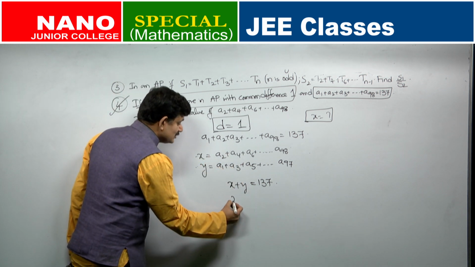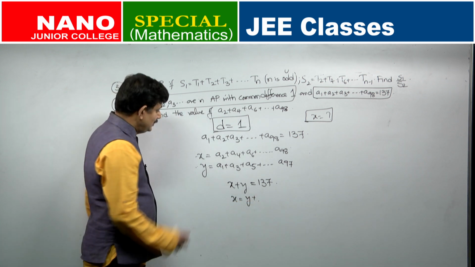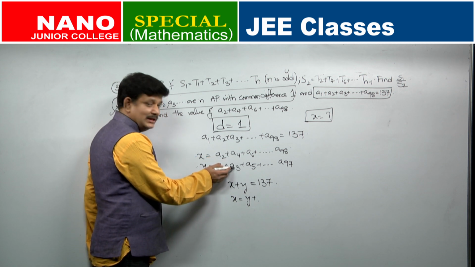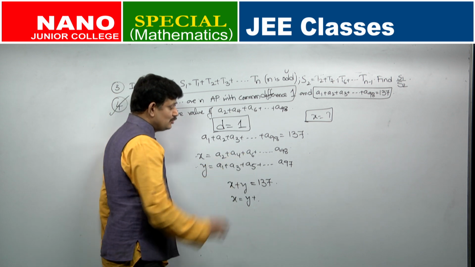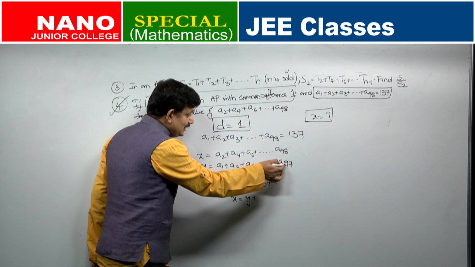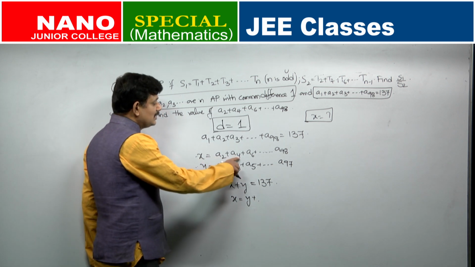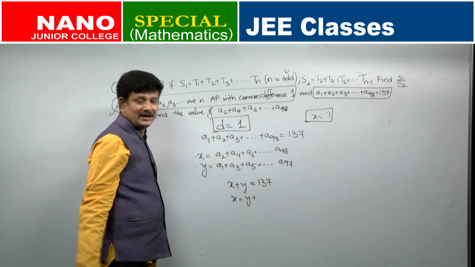So, what will x be? x will be equal to y plus, for every term, A2 is 1 more than A1, A4 is 1 more than A3, A6 is 1 more than A5, and A98 is 1 more than A97. So, how many terms are there here? 2, 4, 6, 8, alternate terms up to 98.